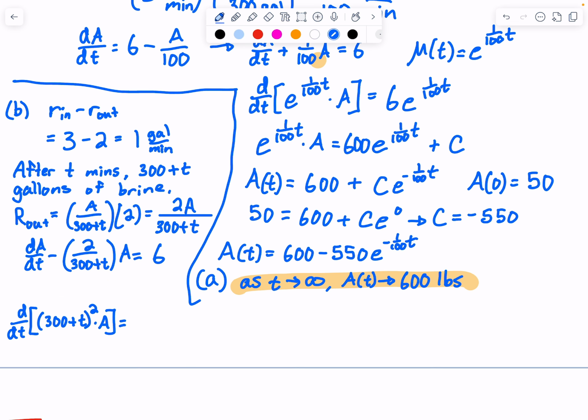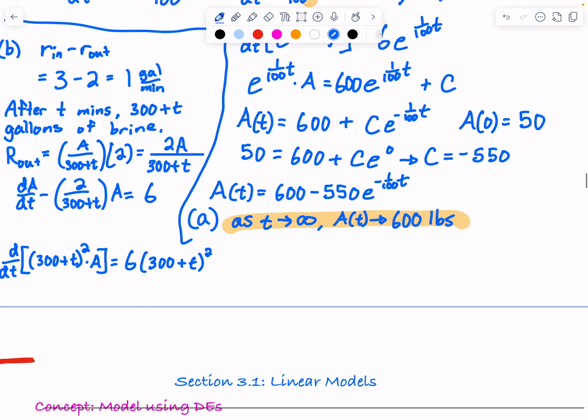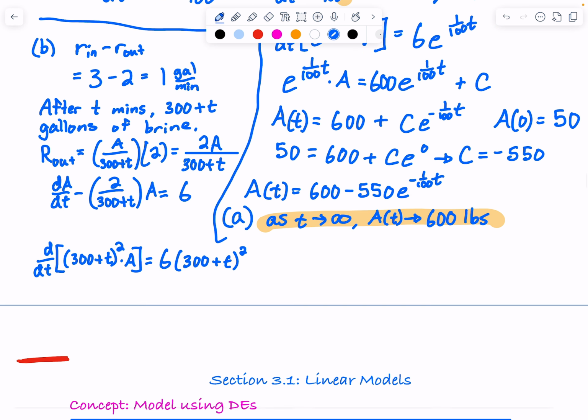So we get 6 times 300 plus t squared. And then you'd integrate, that's going to be a u sub. I guess I could do it. It's really not bad here. 300 plus t squared times A. This is just a u sub, so we're going to end up going up by 1, divide by 3. So I get 2, and it's going to be times 300 plus t to the third power plus c.